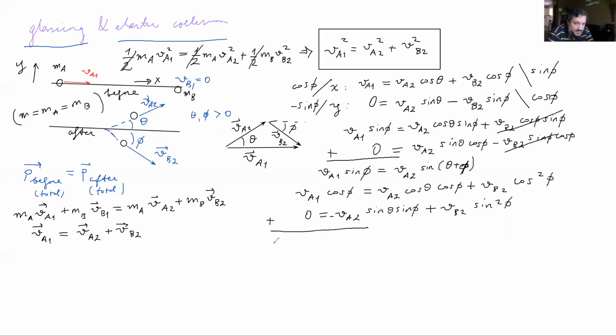on the left I will have VA1 cosine phi. Okay? On the right hand side, now I can factor VA2.